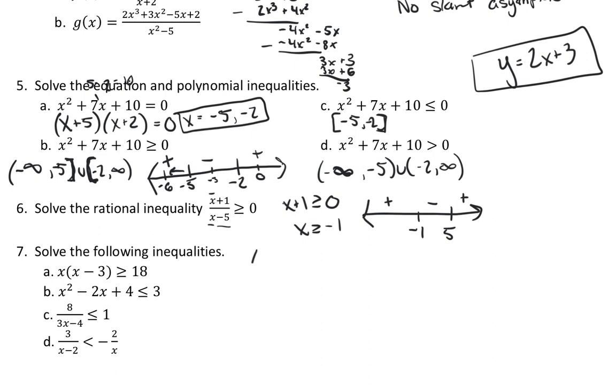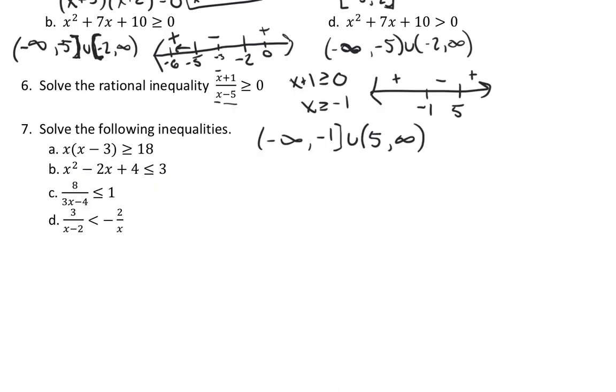So everywhere we're above 0 is from -infinity to -1. That's actually equal there because that's a 0. And then from 5 to infinity, because that's an asymptote and we can't actually be at 5. So that's the answer to that one.